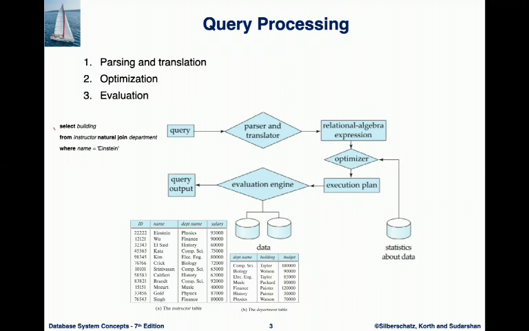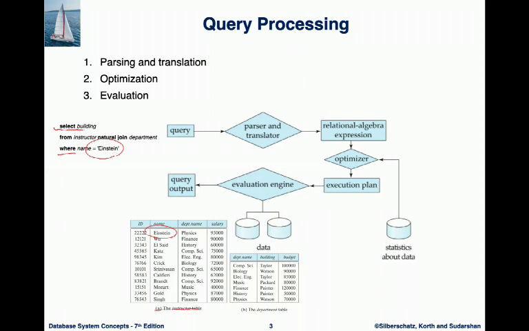Like here, I want to find basically where Einstein's office is located. So again, what you can see is that there are two tables, the instructor table and the department table. And information about Einstein is stored in the instructor table.